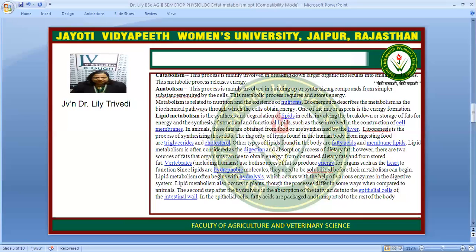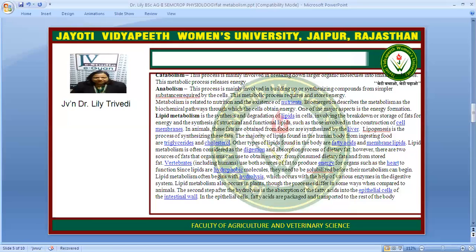Now lipid metabolism is the synthesis and degradation of lipids in the cell, involving the breakdown or storage of fat for energy and synthesis of structural and functional lipids, like those involved in the construction of the cell membrane.